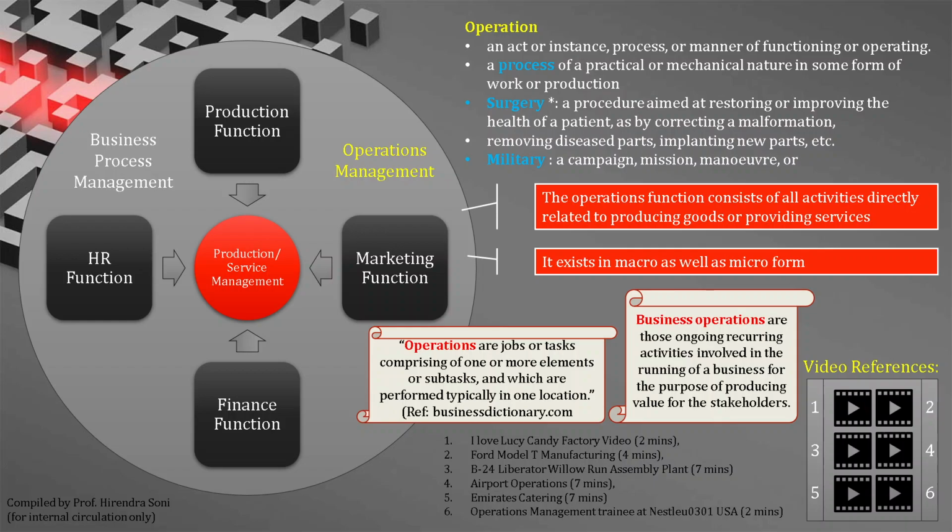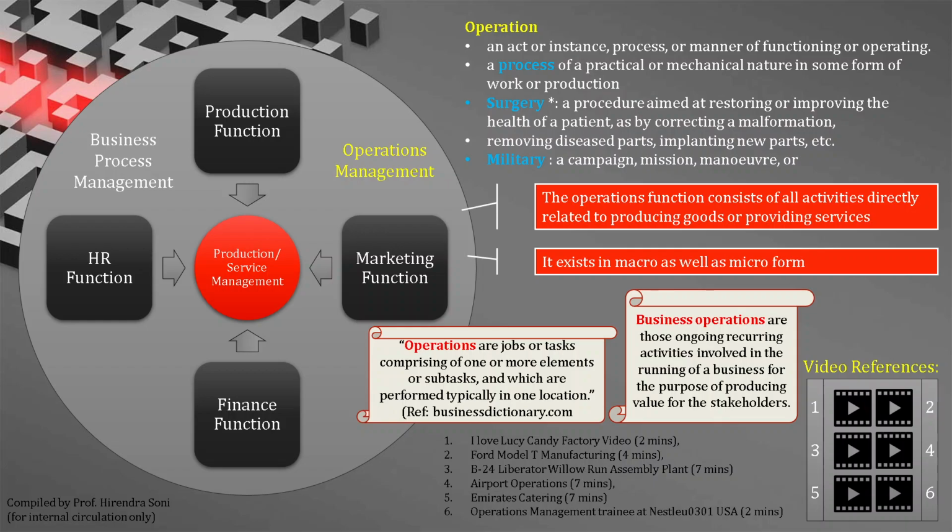What these functions are actually looking at is, collectively the objective of all these functions is to produce a product or a service for customer satisfaction. So everything is actually focused towards customer satisfaction at the end.